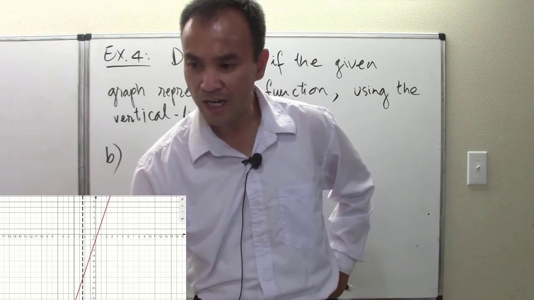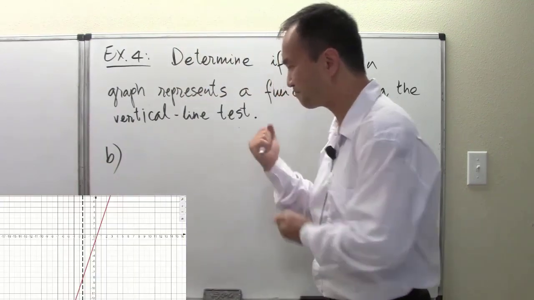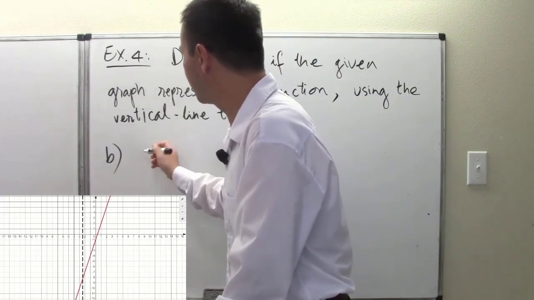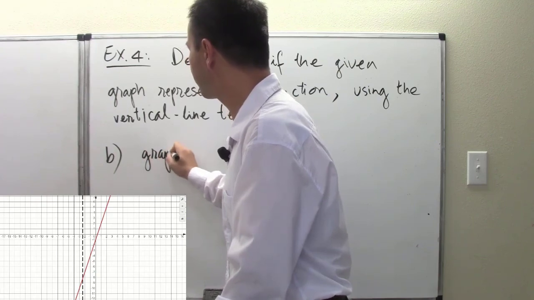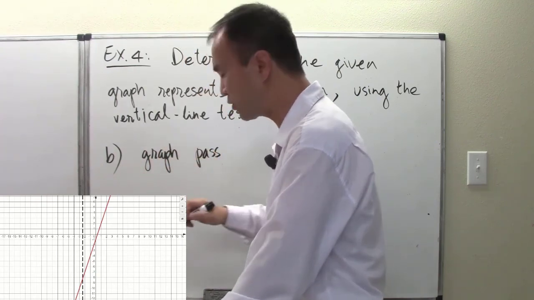So according to our conclusion, for part B, this graph passes, because what we just did is use the vertical line test.